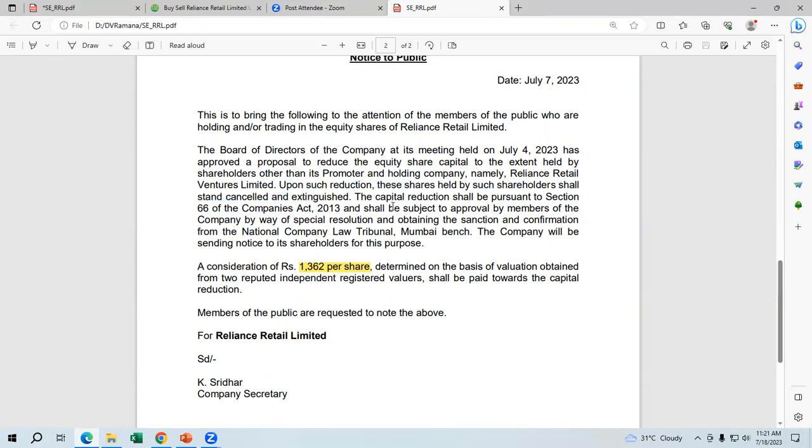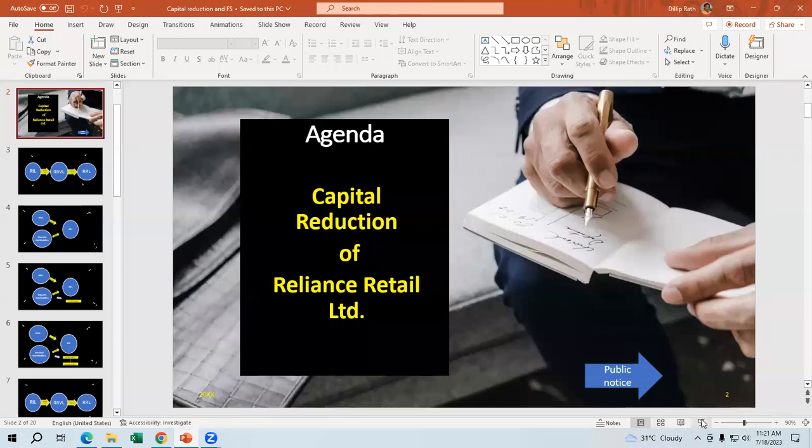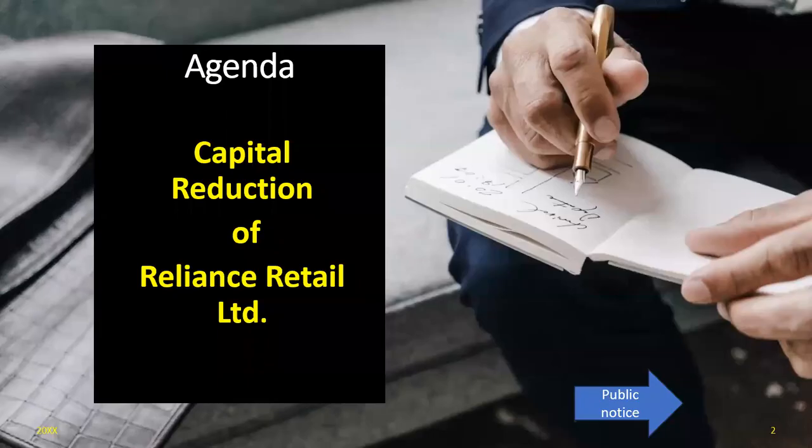And that is called capital reduction. There is a price attached to that also. The price that the company has agreed to pay to the minority shareholders is 1,362 per share. So in this session, we will try to understand what this capital reduction is and the entire exercise of Reliance Retail.